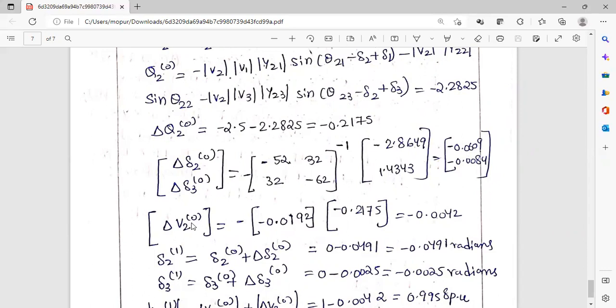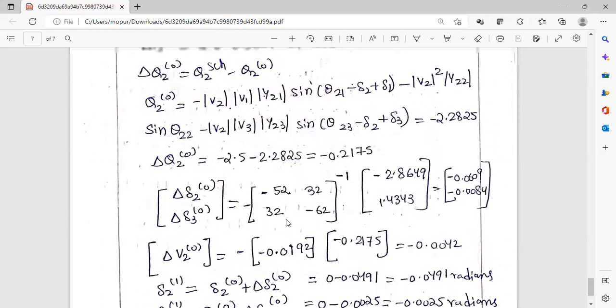When we are finding V2, since the first bus is a slack bus where V is known, and the third bus is a PV bus where the magnitude of V3 is known, we will have only one element, V2. Del V2 is equal to minus B double dash inverse into del Q by V. So I directly wrote the inverse.